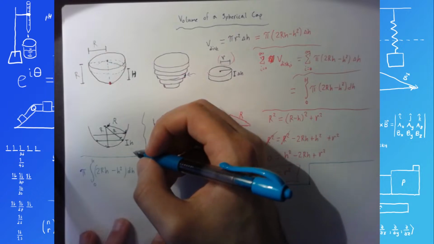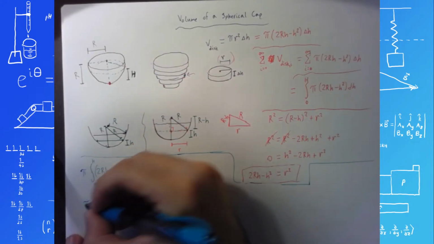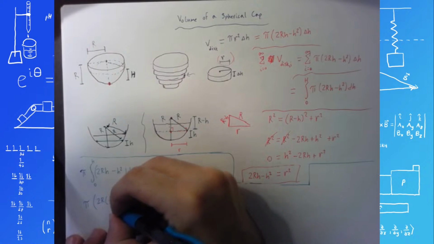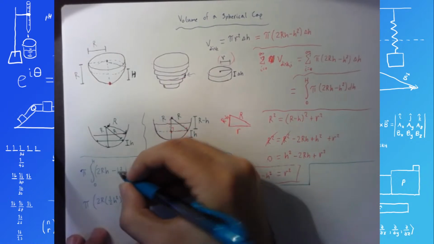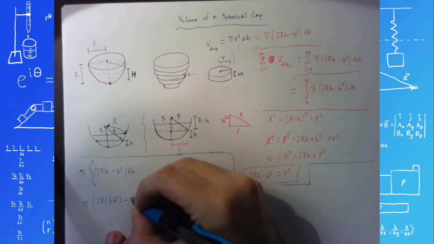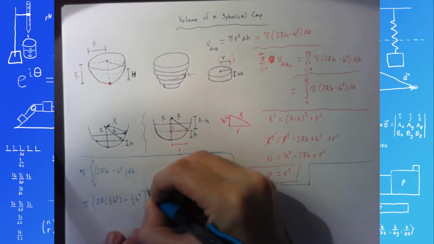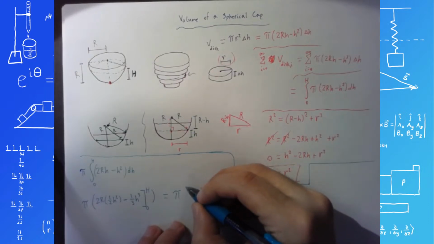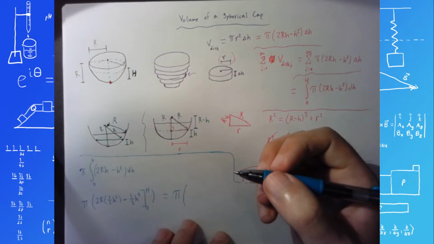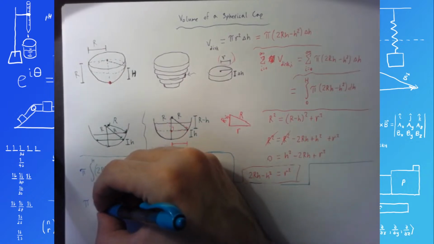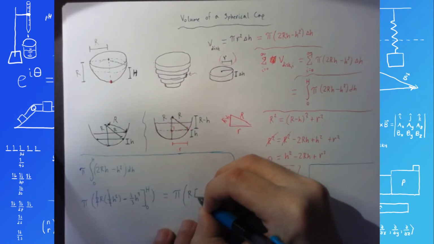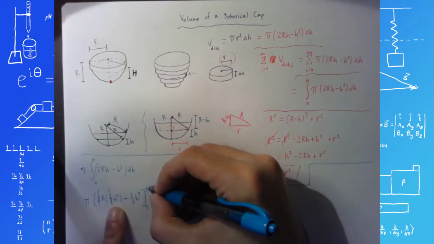integrates to 1/2 h squared, so I'm going to have pi times 2R times 1/2 h squared, minus h squared is going to integrate to h cubed over 3, so 1/3 h cubed, and that's all evaluated from h equals 0 to h equals big H. That's going to be pi times, let's see, the 2 and the 1/2 cancel each other out, and so I've got R times, for little h squared, I'm going to plug in big H and 0.